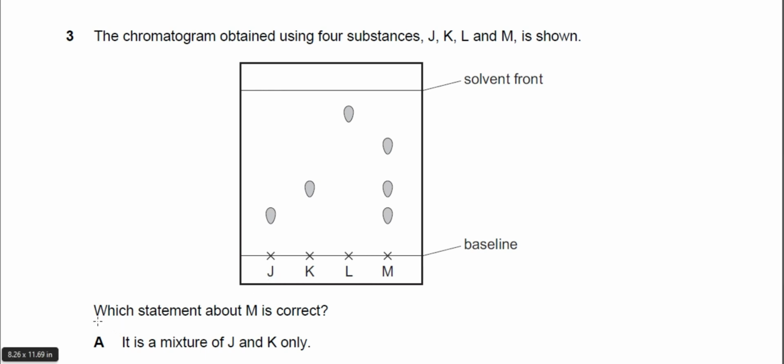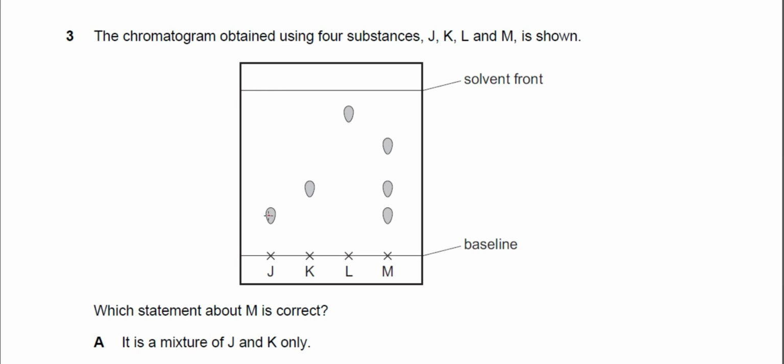So now we are going for the question. The question is, which statement about M is correct? In option A it says it is a mixture of J and K only. Remember, M is a mixture, so that one thing is correct.